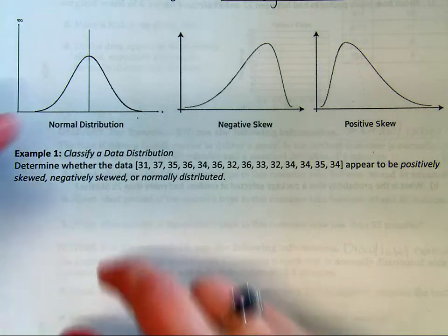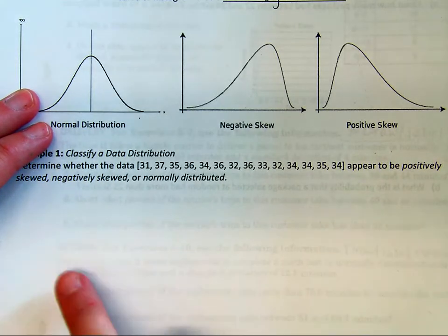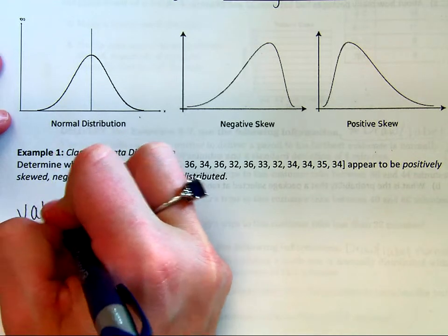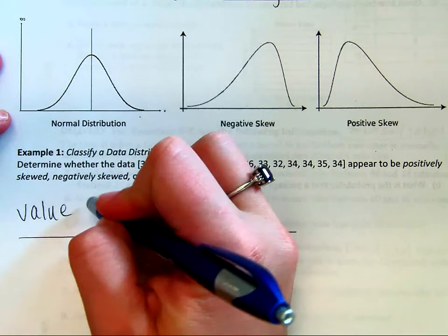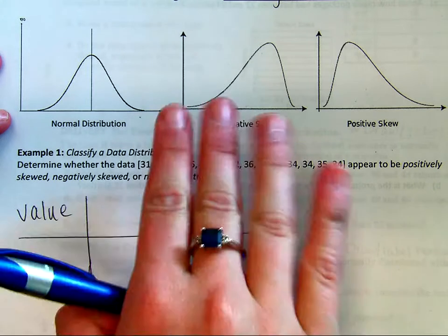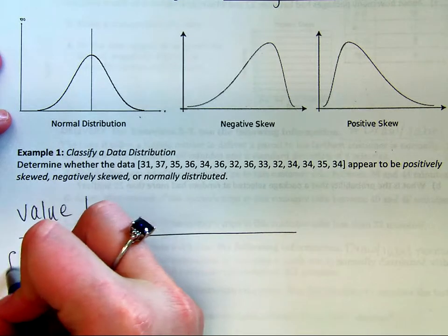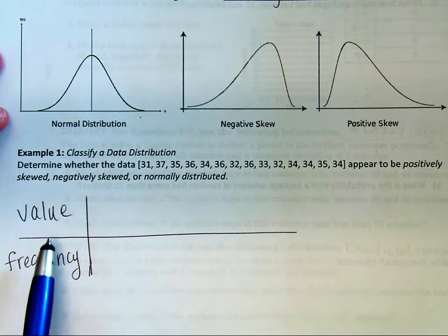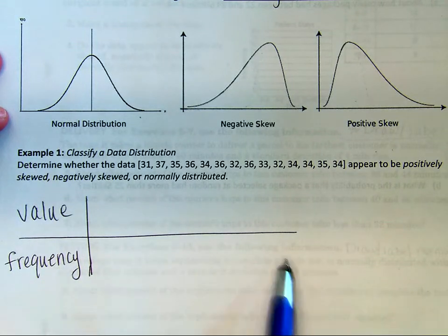I'm going to make my frequency table going this way so I can envision how the graph would be. We're more used to making it vertically, but this is the same idea. We just flipped it around. So our values are going to go here, and then our frequencies will go here.